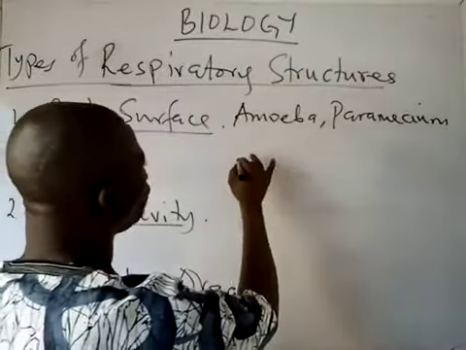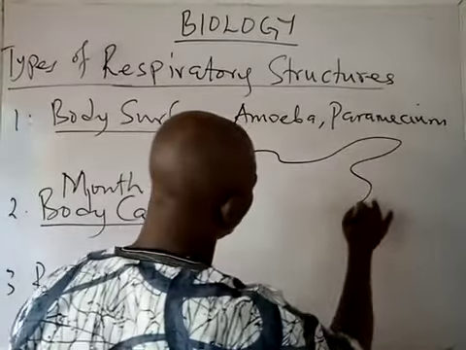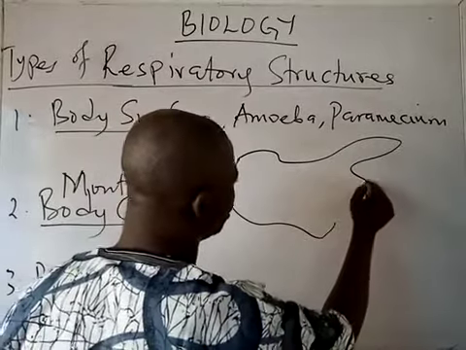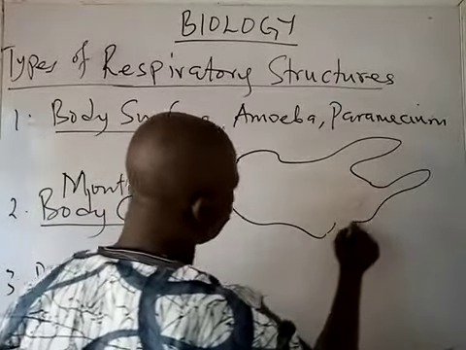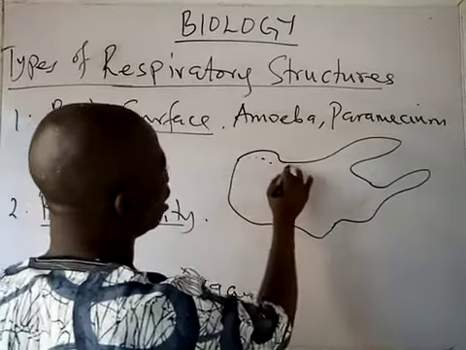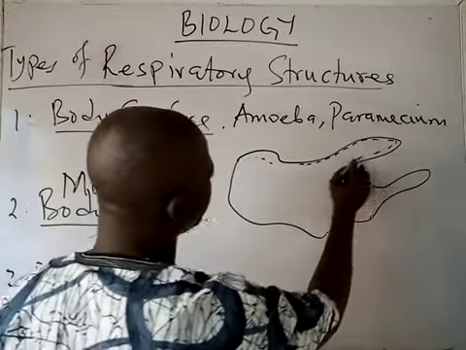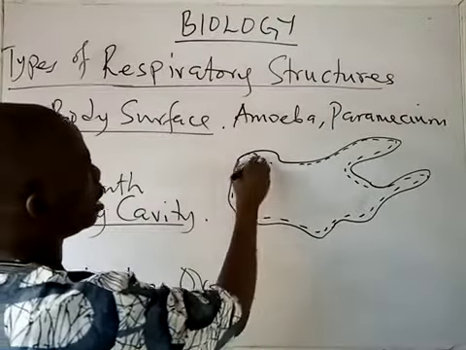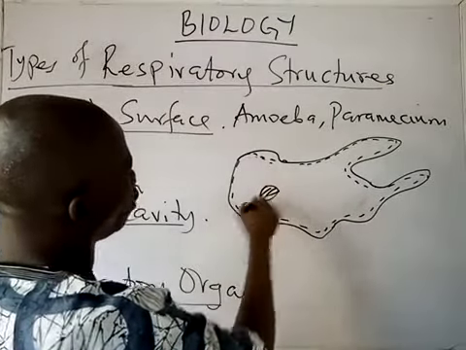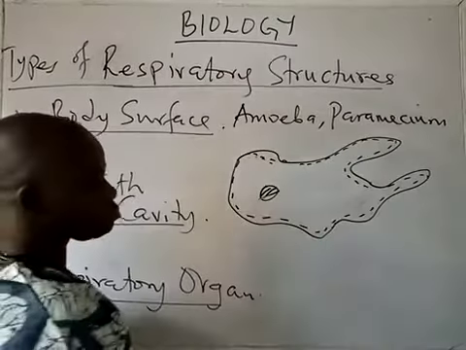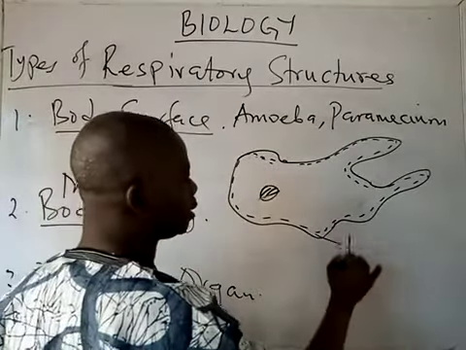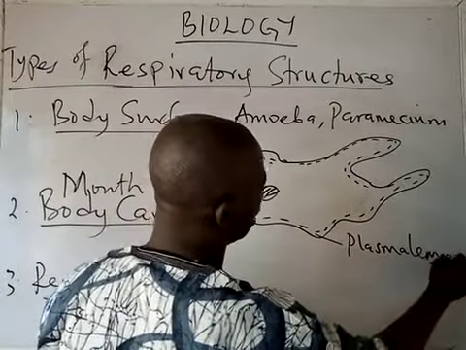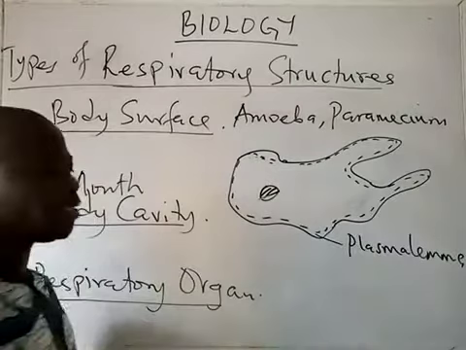For example, let's assume that this is our own amoeba. This amoeba has its nucleus, and then what bounds it is plasmalemma. That is the cell membrane.